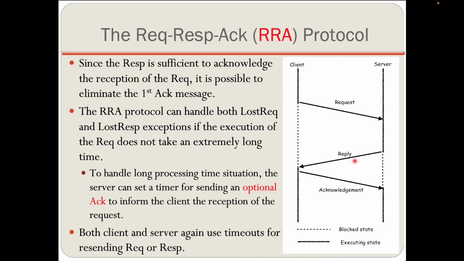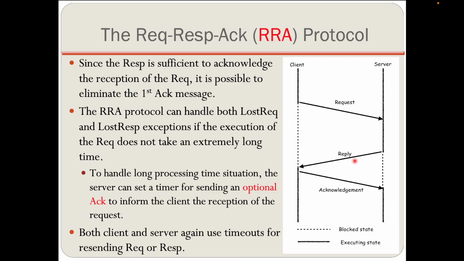Then eventually, this last ACK can be eliminated also, because for most communication between a client and a particular server, the handshake, or the request-reply, usually does not happen just once. When the relationship between the client and the server is built, usually the client, after receiving this response, may generate a new message for the next request.